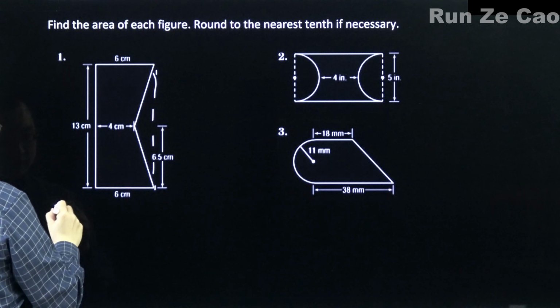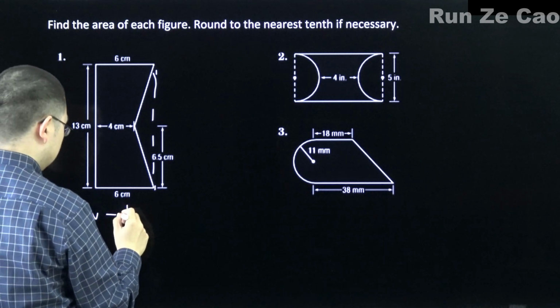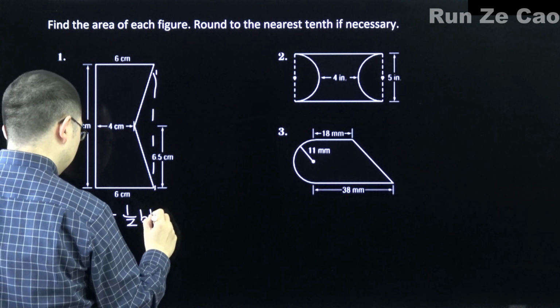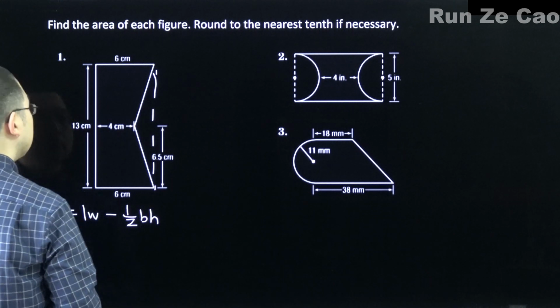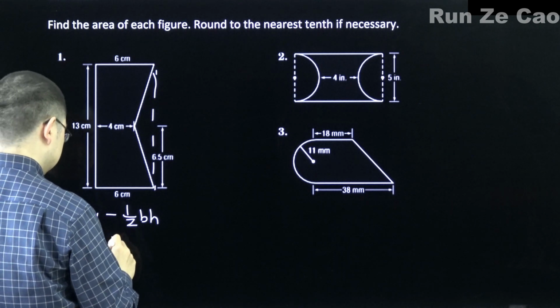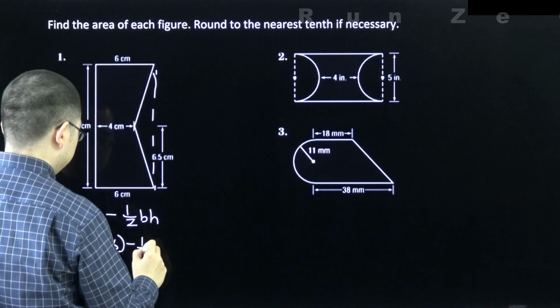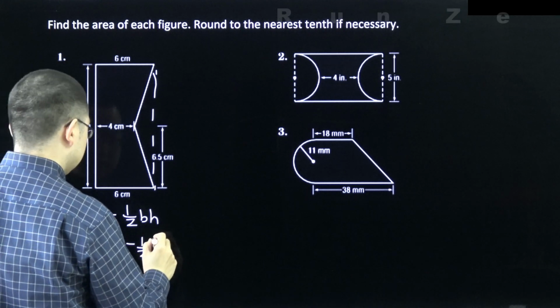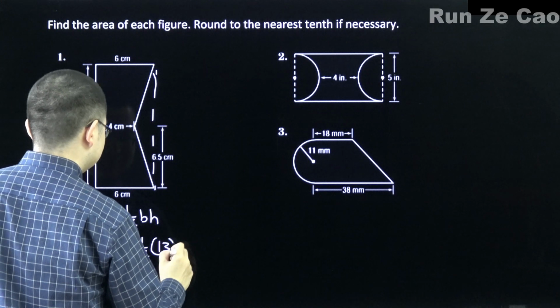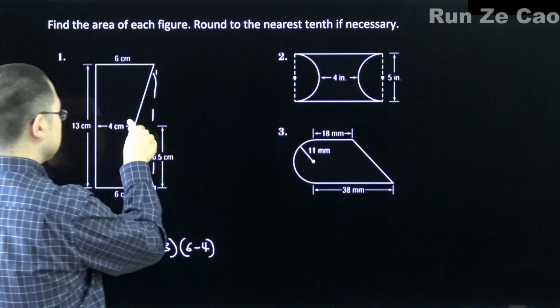Okay, so area is equal to length times width minus 1/2 base times height. Length is 13, width is 6, minus 1/2. Base is 13. Height is 6 minus 4, which is 2 centimeters here.